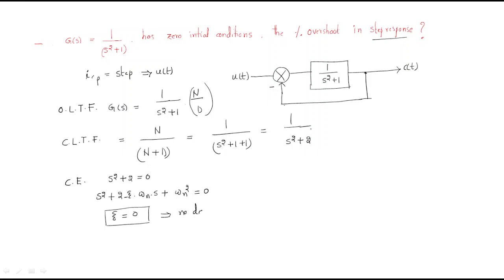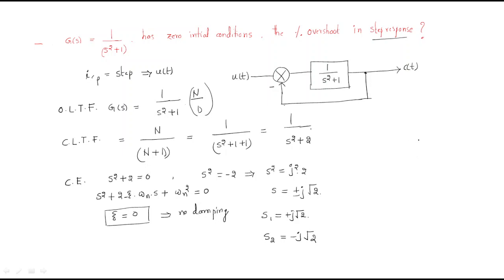That means the oscillations will continue. From this, s square equal to minus 2, so s equals plus or minus j root 2, and we have two poles: one pole is plus j root 2, the other pole is minus j root 2.